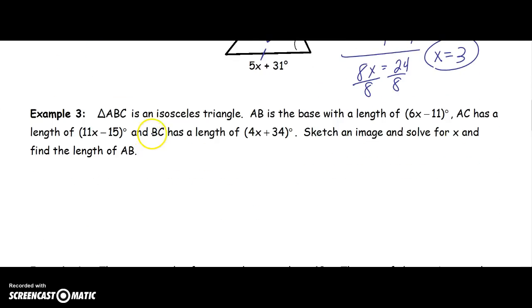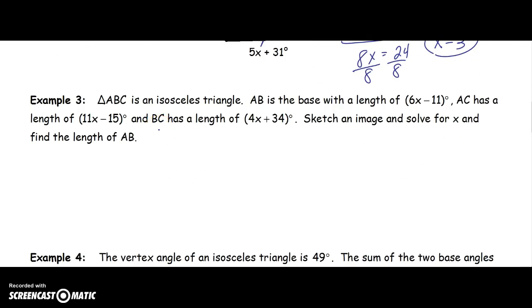Not every time I'm going to give you a picture, so sometimes I'm going to ask you to draw one. So it says ABC is an isosceles triangle. We know isosceles triangles have two sides that are congruent, but we do not know what to label it yet.